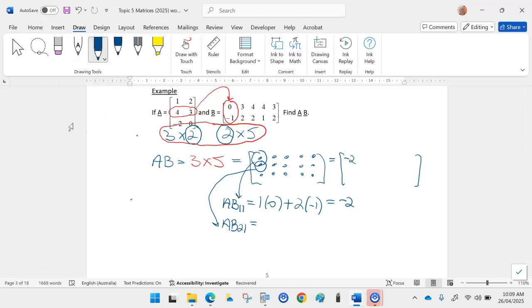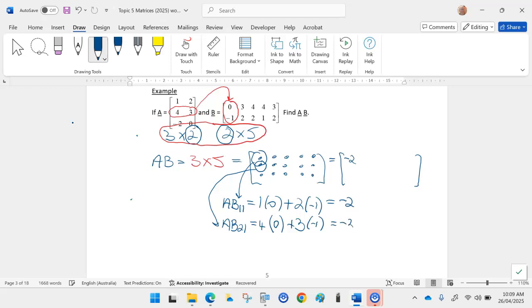So what's that going to look like? I'm going to take the second row, which is 4, and multiply by 0. So that 4 is the first element in the second row of matrix A, times the first element in the first column of matrix B, which is 0, plus 3 times -1.